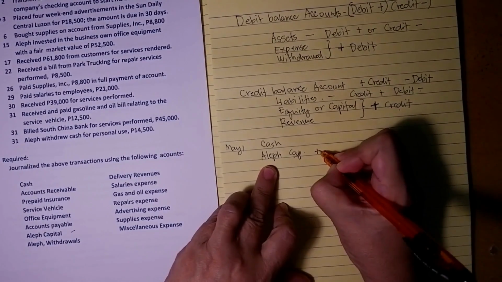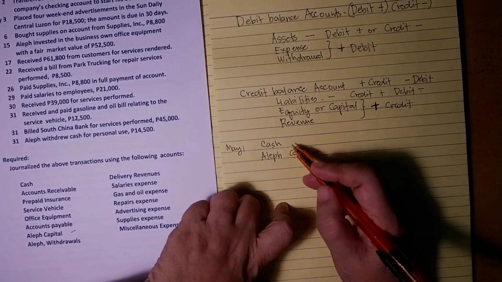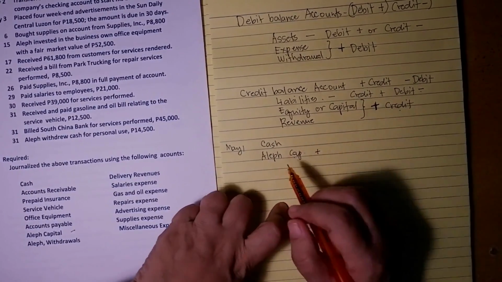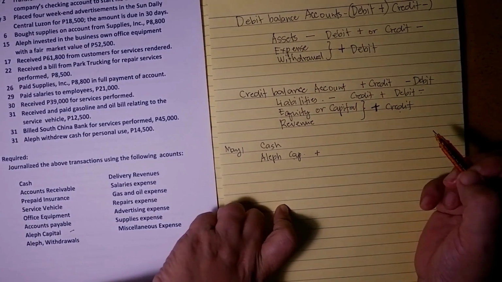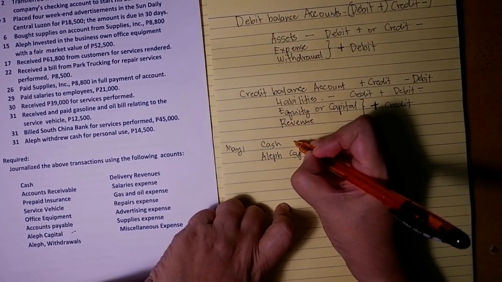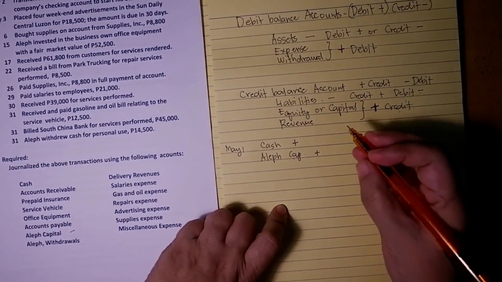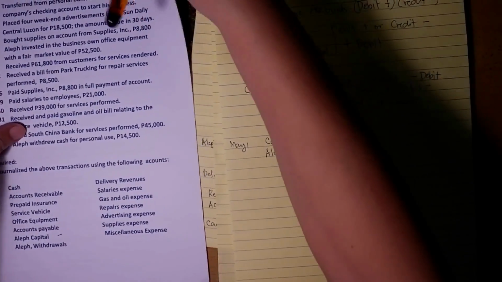So plus Aleph Capital. And what happened to the cash of the business when the owner invested cash into his business? So what happened to the capital of the business? It increases. So plus cash of 100,000. Okay, next.